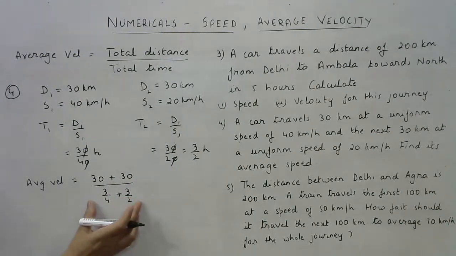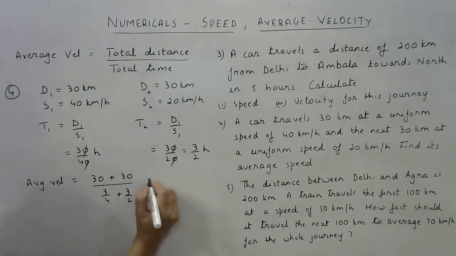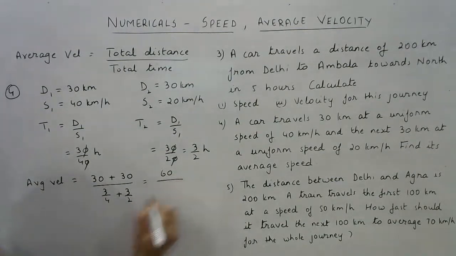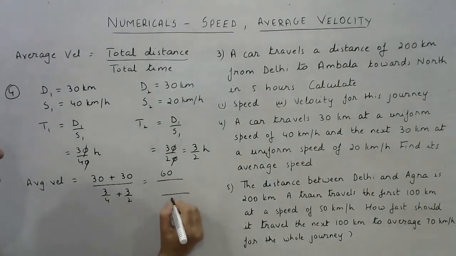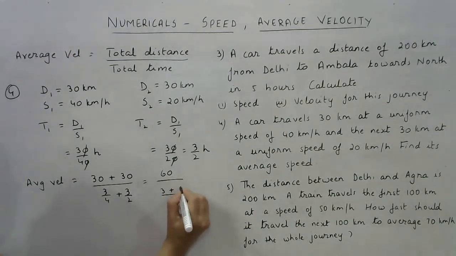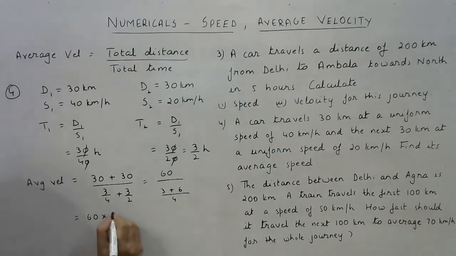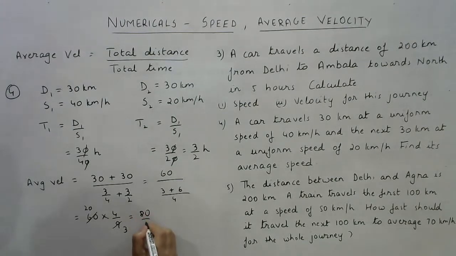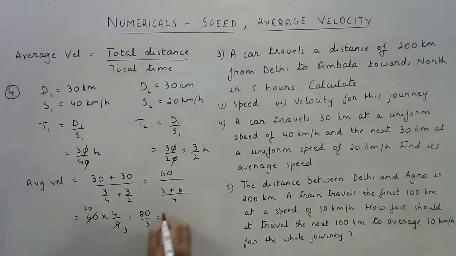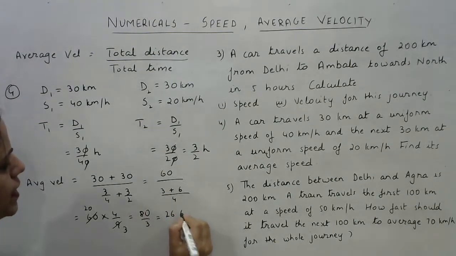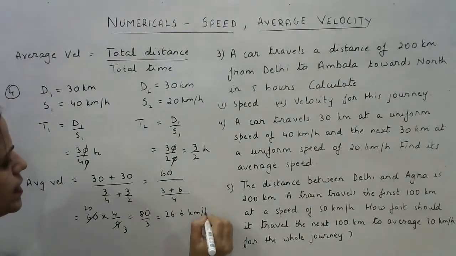So for this part we need to take the LCM and solve it. 30 plus 30 is 60 upon, on taking the LCM we get it as 4, 3 plus 2 3 is 6. So this comes to 60 into 4 by 9. We can cut this with 3, 3, 20. So this is 80 upon 3. Convert it to decimals. What will you get? It will be something around 26.6 kilometers per hour.